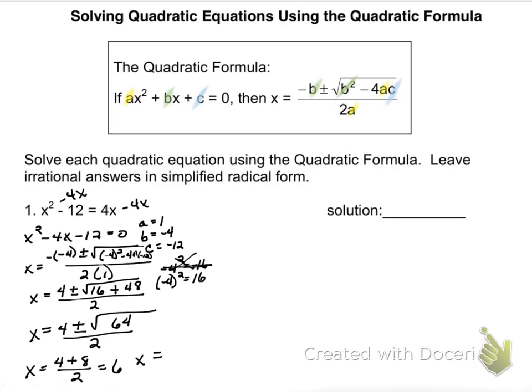And our other solution is, since it's plus or minus, 4 minus 8 over 2, which is negative 4 over 2, or negative 2. Okay? So our two answers that we put over here in the solution are 6 and negative 2.